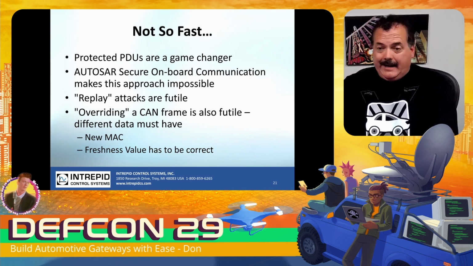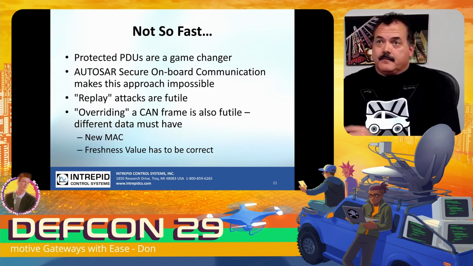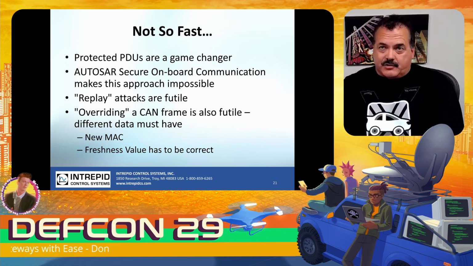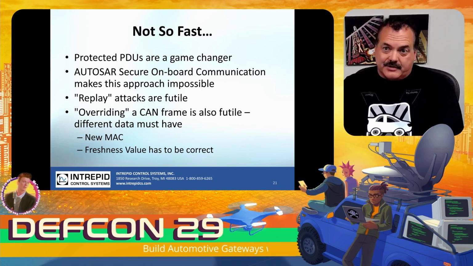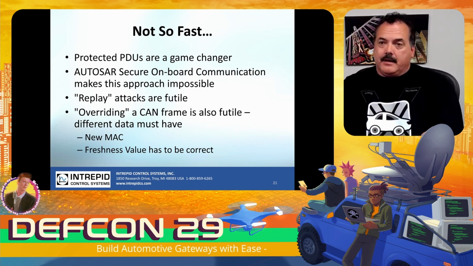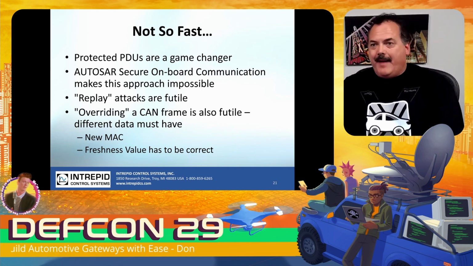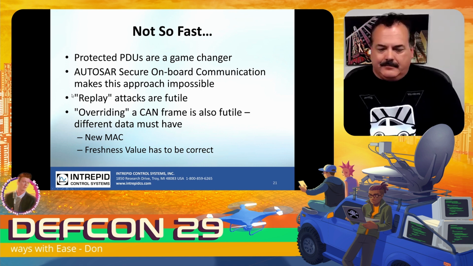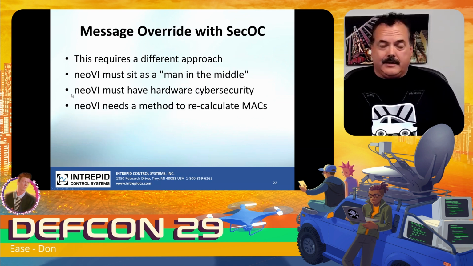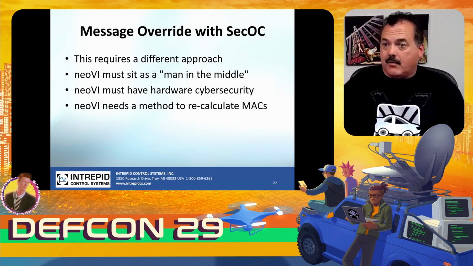And you cannot override a CAN frame because the MAC value that's being transmitted and the freshness value along with it are part of the MAC, along with the signals. So if you change the freshness value, the PDU, or the signals, then you have to have a new MAC. And if that MAC doesn't jive on the other side, then no go. The ECU that receives it will ignore it.